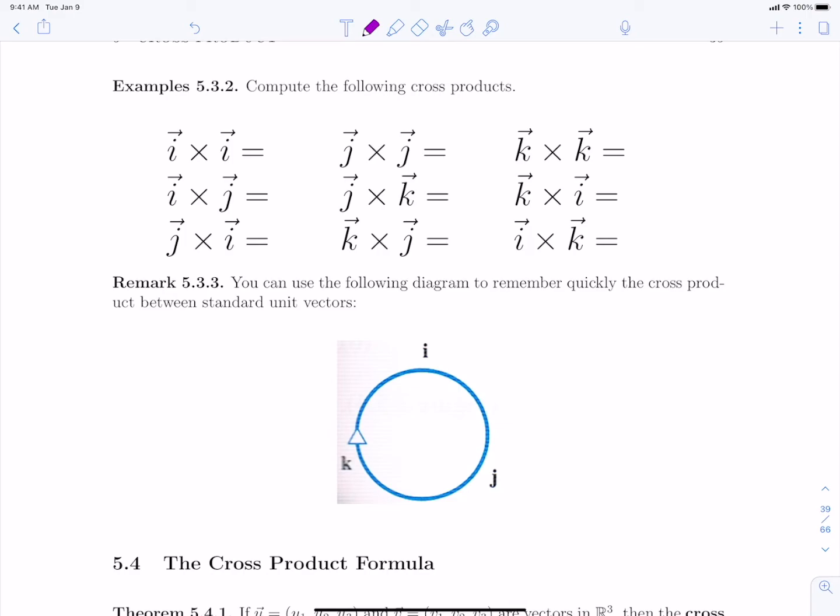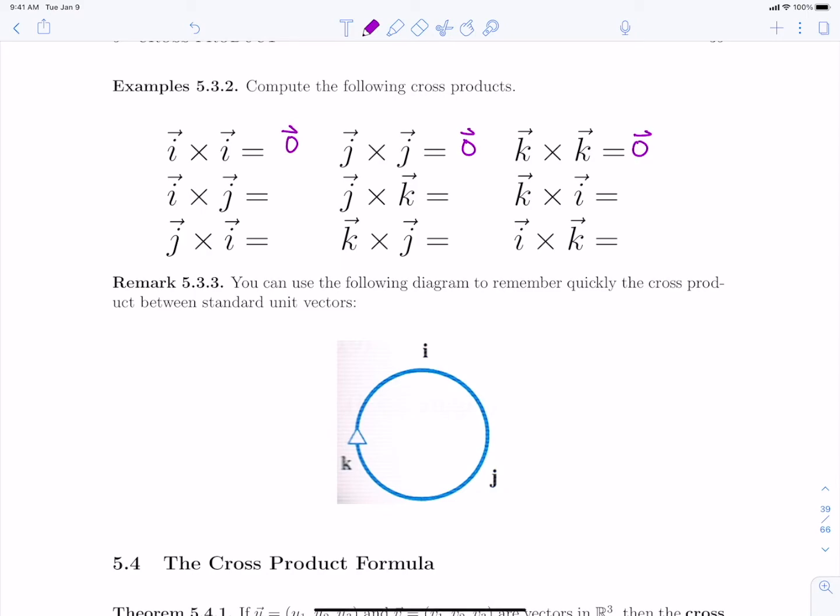And this can help us because it can help us say, oh, if my vector is in i and I'm crossing it with a vector in j, then it tells us if I'm going to get a vector in the positive direction of k or the negative direction of k. So if I was going to do the cross product of i with i, j with j, or k with k, what ends up happening is I end up with 0 here.